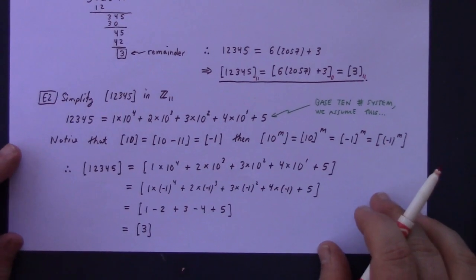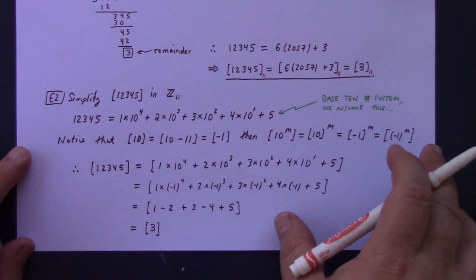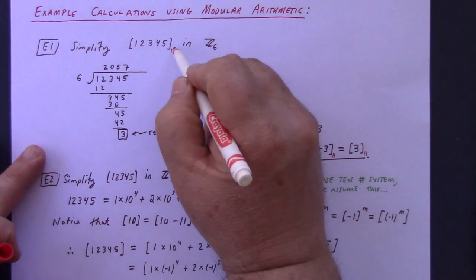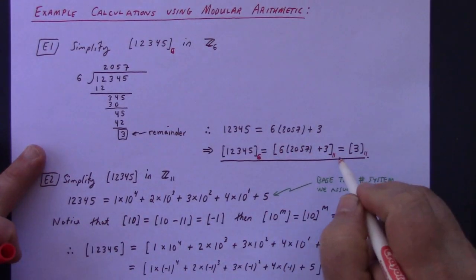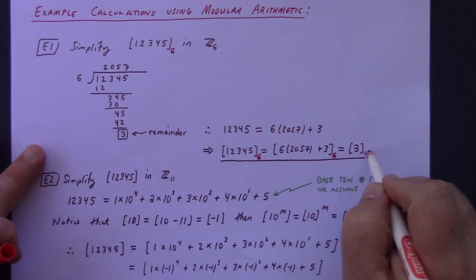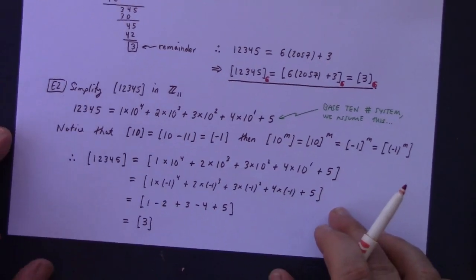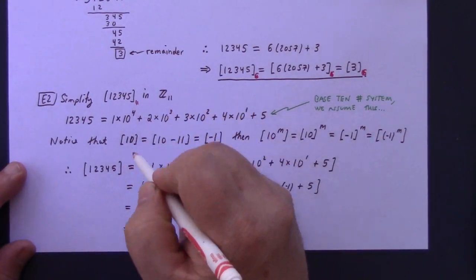Oh man, what have I done? Look at that. Goodness gracious. 6 I meant. These were 6, right? All right, there we go. And then in my second example, we're working with equivalence classes mod 11.